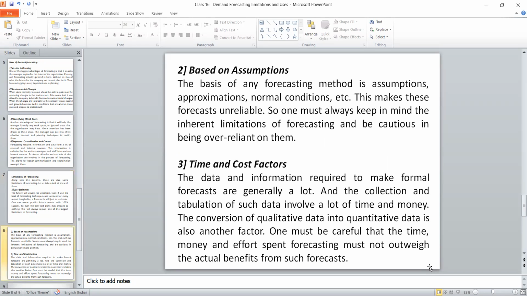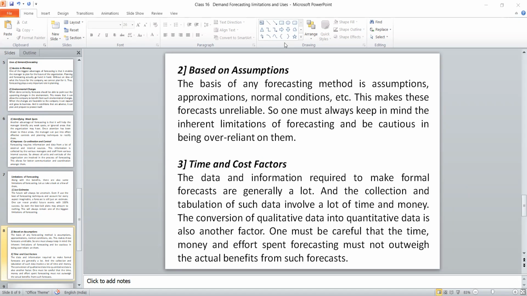The second problem of demand forecasting is that we are doing it with certain assumptions. Definitely, we think there will be normal conditions based on past data. This would be the future. Suppose COVID-19, an unforeseen pandemic situation, makes the forecasting incorrect. Why? Because when we project something, we have to keep some assumptions.